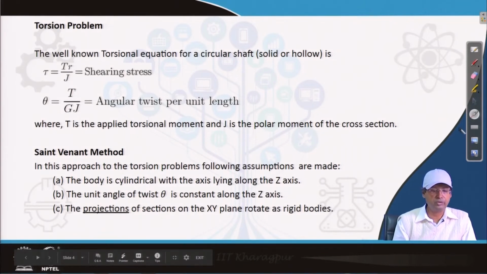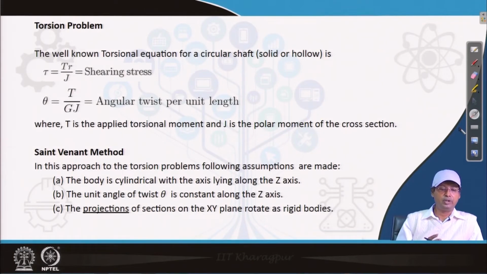So, what do we see? The torsion problem. The well known torsional equations for a circular shaft, solid or hollow, are: shear stress developed tau is T r by J, and theta, the rotation per unit length, the angle of twist, is T by G J, where T is the applied torsional moment and J is the polar moment of the cross section.